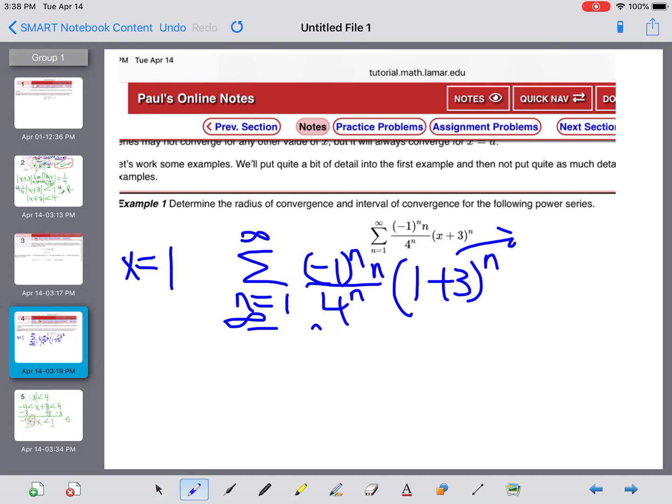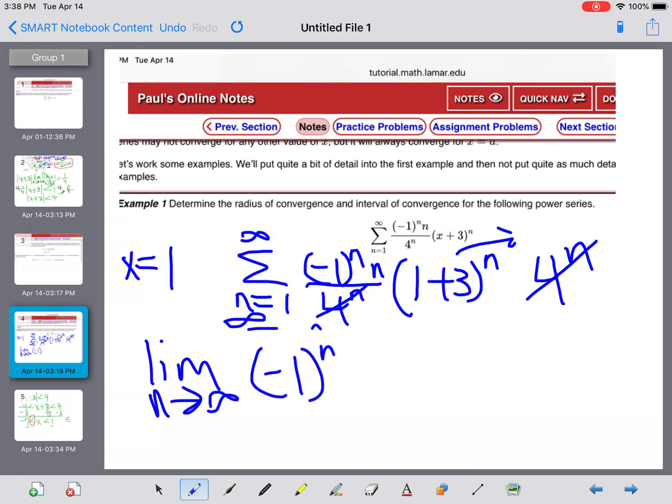Alright, so that would give us just 4 to the nth power. And the 4 to the nth powers cancel out again. And when we take the limit as n approaches infinity of, well, what's left? -1 to the nth power times n.